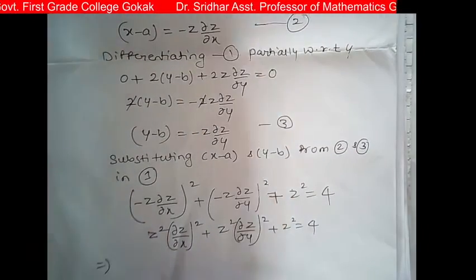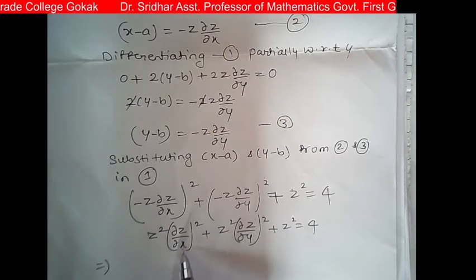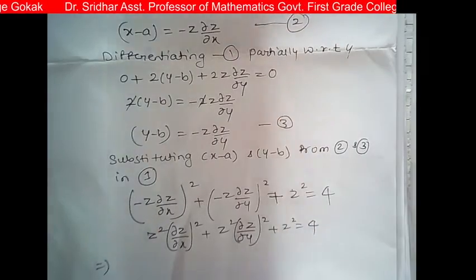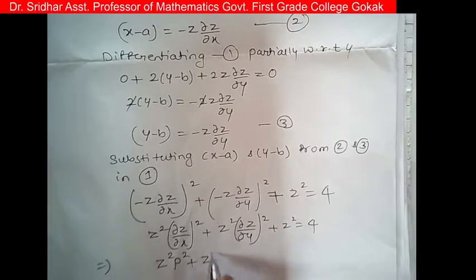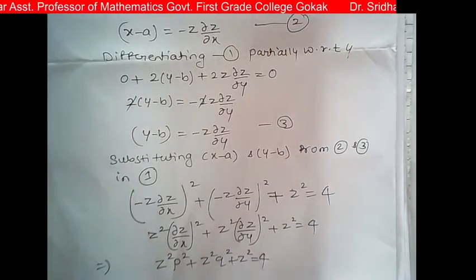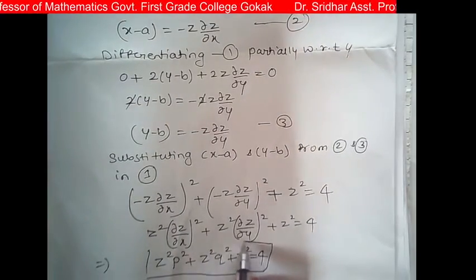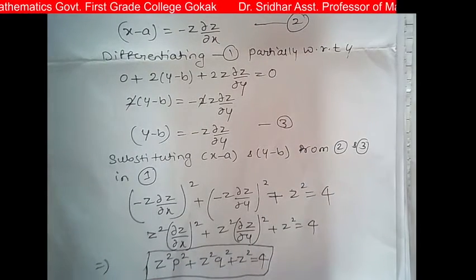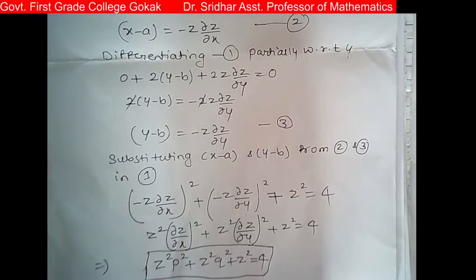So now this implies, now already I told in the last class, that dou z by dou x means it is p, dou z by dou y means it is q. So replace that, this gives z square into p square, plus z square into q square, plus z square equal to 4. So this is the required partial differential equation, which is obtained by eliminating arbitrary constants.